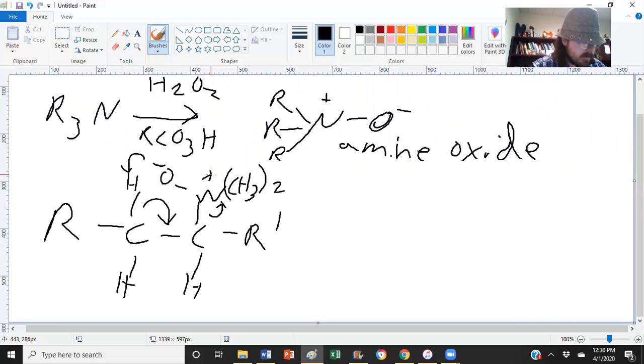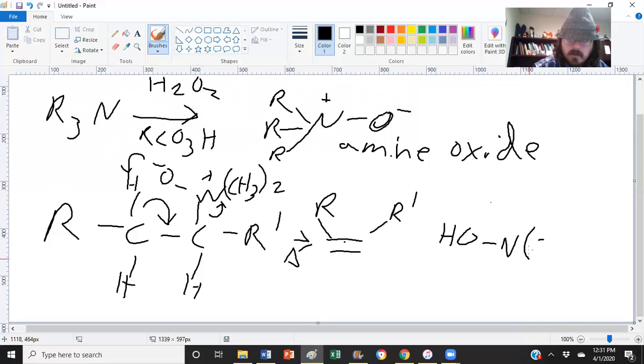So we're going to kick off a hydroxylamine, and the byproduct is the di-substituted alkene, in the presence of heat. It's just a different version of the Hofmann elimination.